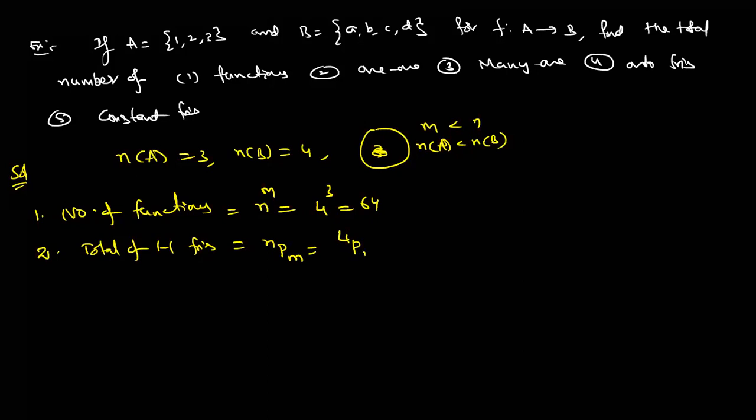How much? 4P3. 4P3 means what is the formula? 4 factorial by (4 minus 3) factorial. What is the value of 4 factorial? 4 into 3 into 2 into 1, that is 24 by 1. So there are 24 one-one functions possible. All of you revise formulas: 2 factorial, 3 factorial, 5 factorial. Last time we discussed these cases every time.